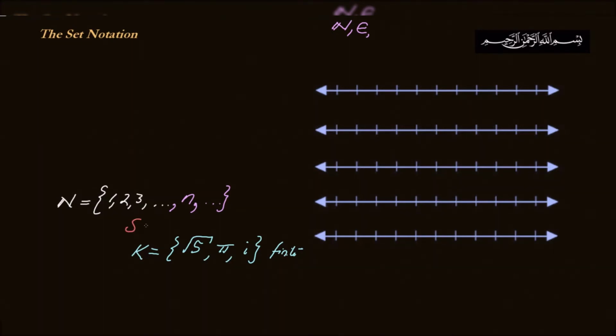This set is going to contain the following numbers: 3, 18, and, I don't know, 99. All right? Now you understand that every number in this set S happens to be a natural number, right? So I can say that the set S is a subset of the set of natural numbers like this.